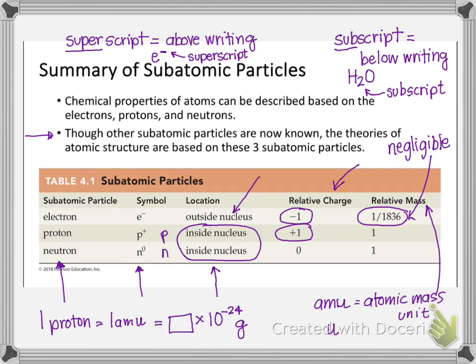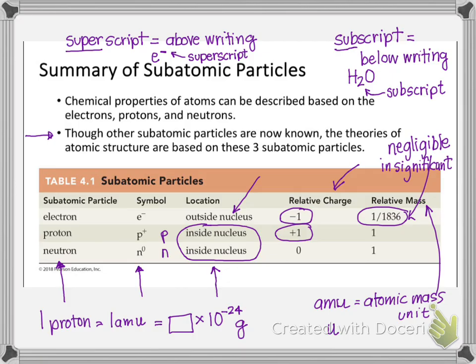Now, electrons are super important, but in terms of their contribution to the mass, it is so small, it does not contribute to the overall mass of the atom. It's insignificant in terms of its mass. So sometimes in some textbooks, they don't even include the mass of the electron. They just write that word negligible.